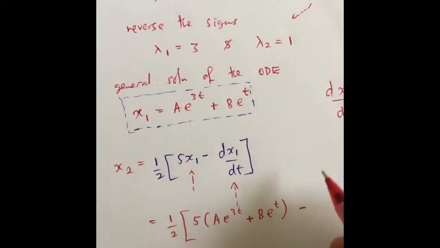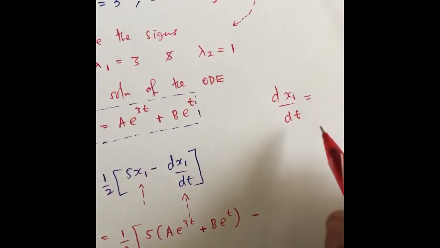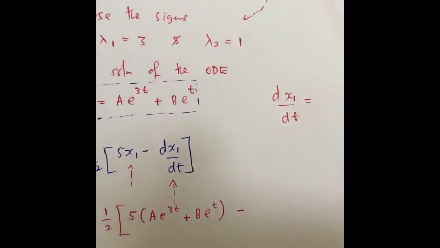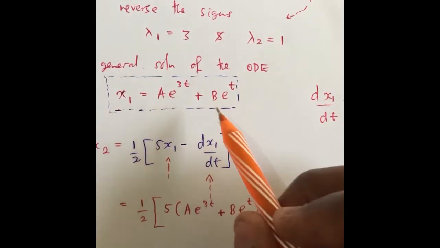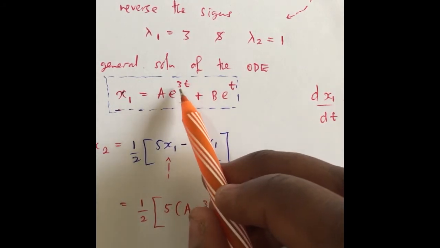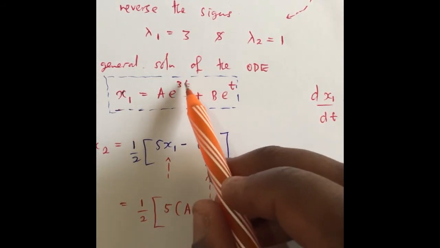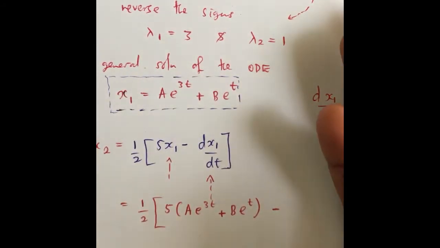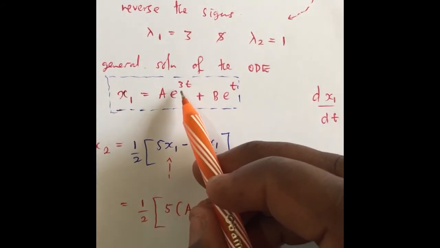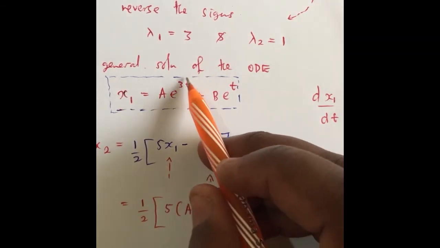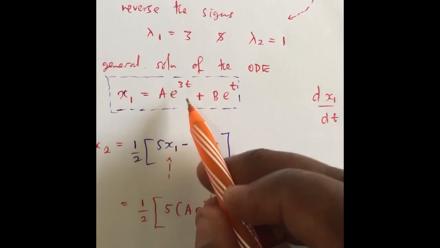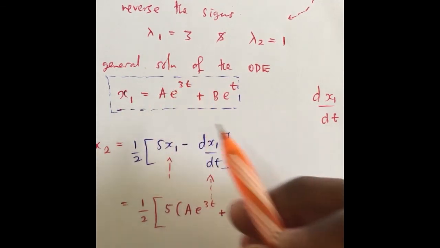When you want the differential of e raised to the power 3t, we're not considering a, because it's a constant. The differential is e to the 3t multiplied by the differential of the exponent.